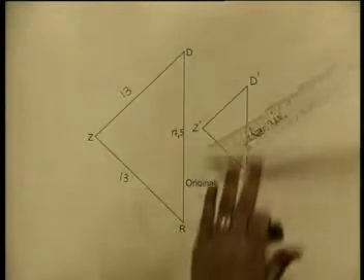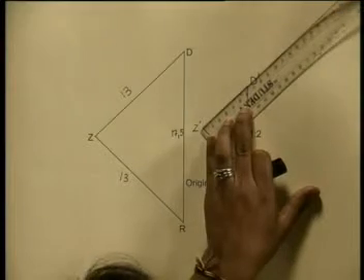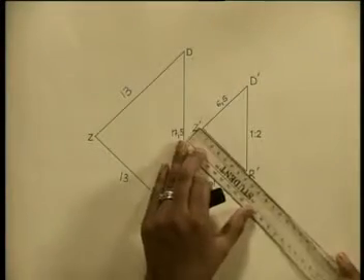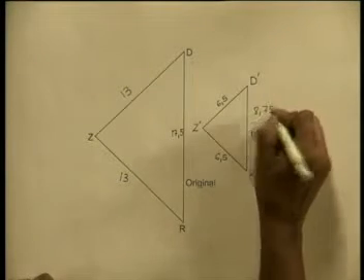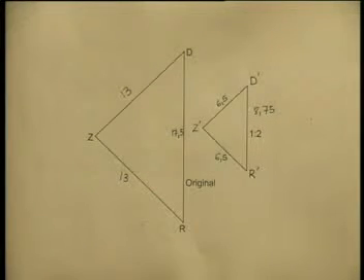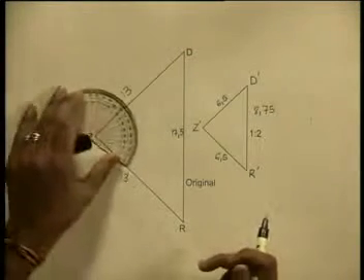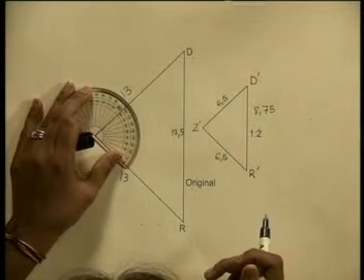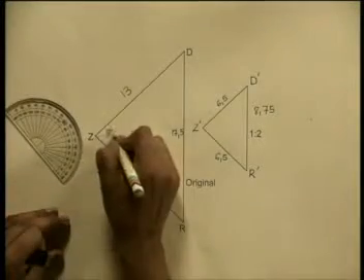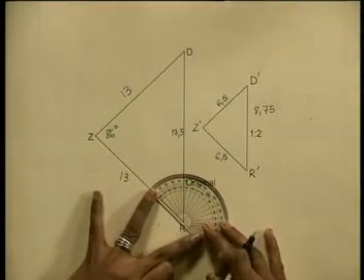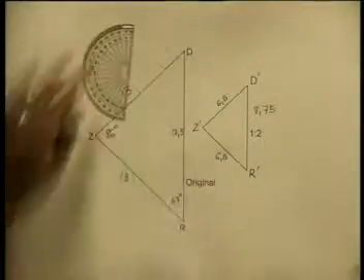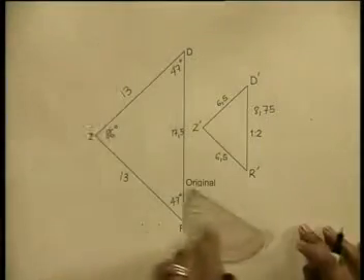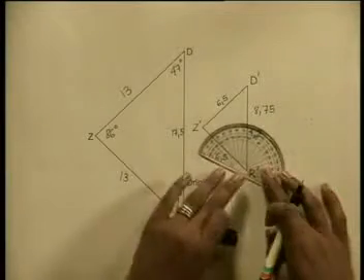Let's now measure the image. Let's use our protractor and measure the angles in both these triangles. We'll start off with angles at Z. Let's now measure the angles in the image.